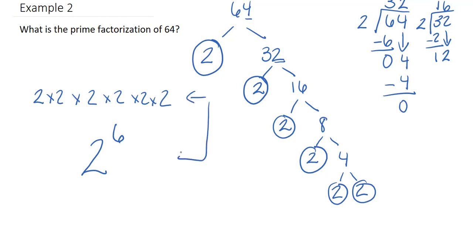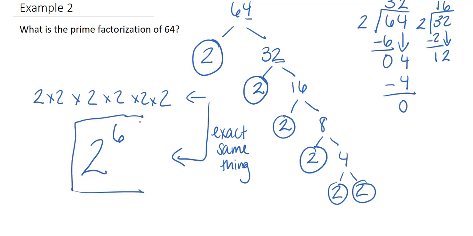These two things mean the exact same thing. But we like to show it this way because in math, it's just an easier way to write it: 2 to the 6th rather than writing 2 times 2 times 2 times 2 times 2 times 2.